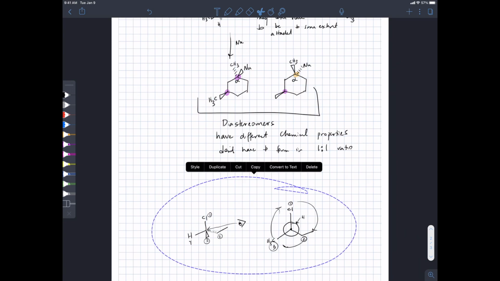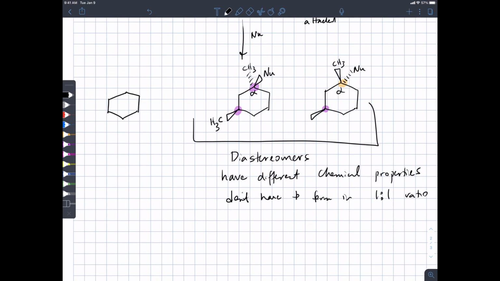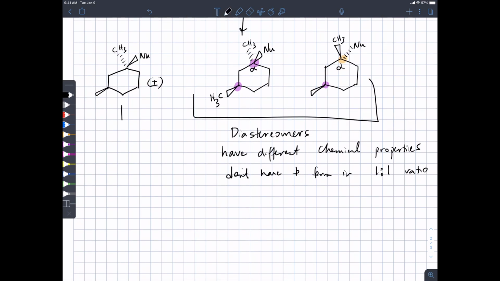In contrast, if I'm not careful, I can make a mistake down here. So suppose I try to draw just one of the two stereoisomers on the left, or on the right. And suppose I put a plus or minus there. Are these two the same thing? No, because if I use the plus or the minus, what does that communicate?